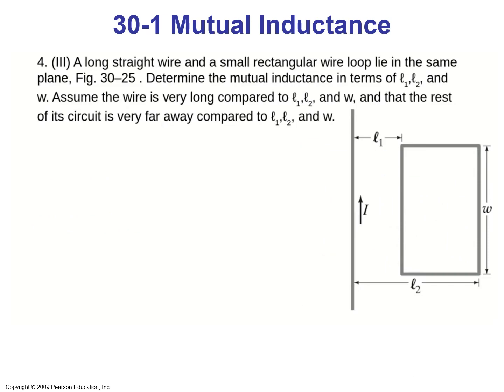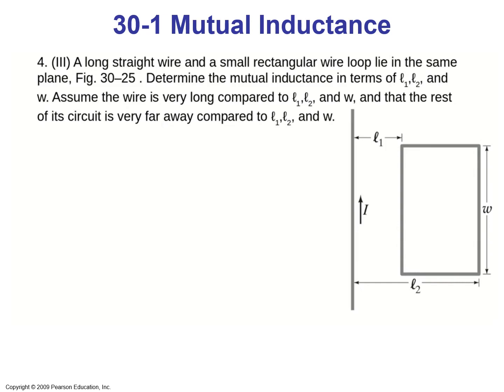A long straight wire and a small rectangular wire loop lie in the same plane, as shown in figure 30-25 and is shown here. Determine the mutual inductance in terms of L1, L2, and W, and assume the wire is very long compared to L1, L2, and W, and that the rest of its circuit is very far away compared to L1, L2, and W.